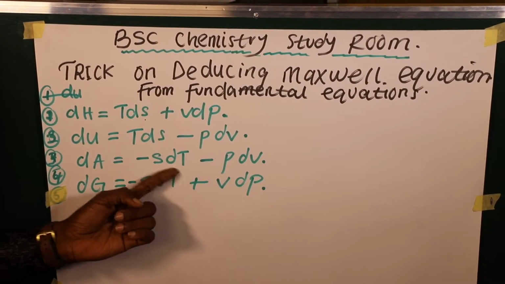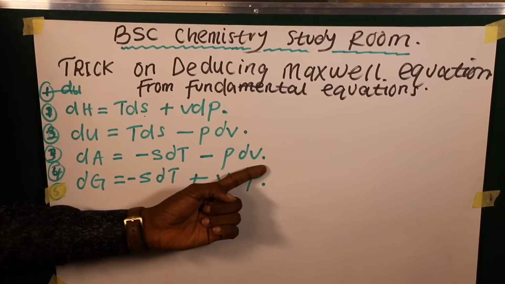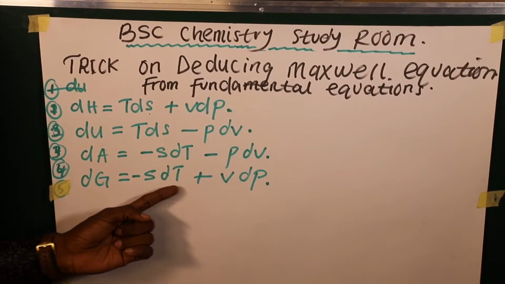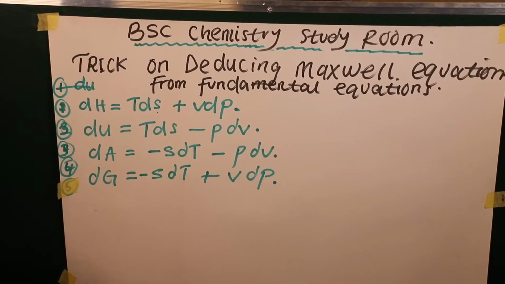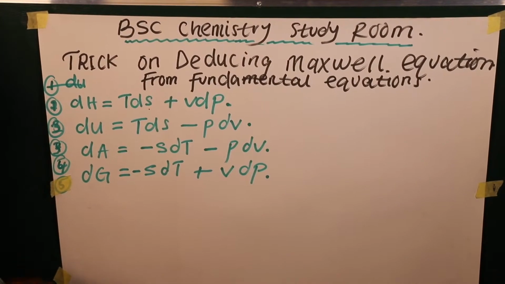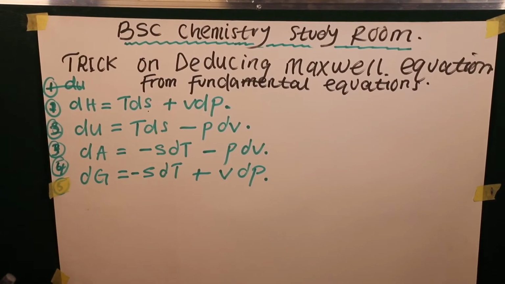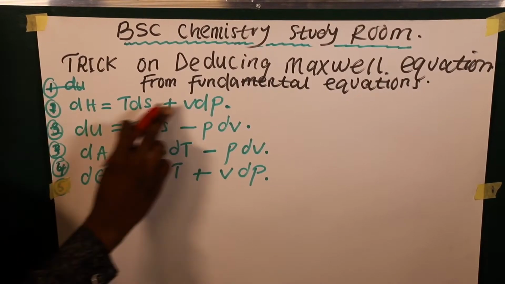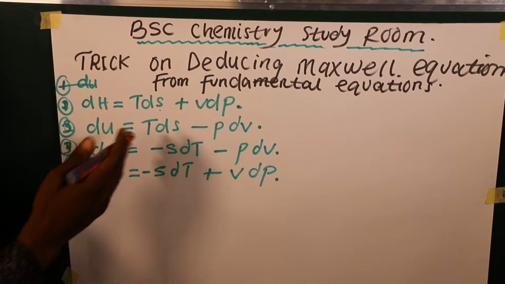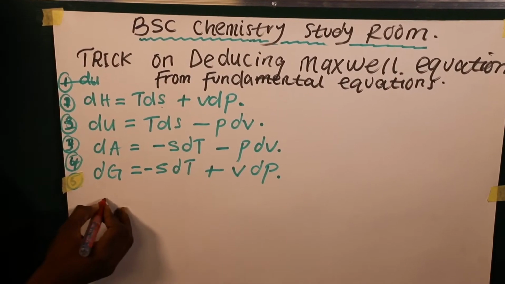And dA is equal to minus SdT minus PdV. And the last one says dG is equal to minus SdT plus VdP. So I'm going to show you how to use these fundamental thermodynamic equations and deduce the Maxwell equations. Let's take number 1 and see the simplest way to deduce this Maxwell equation.